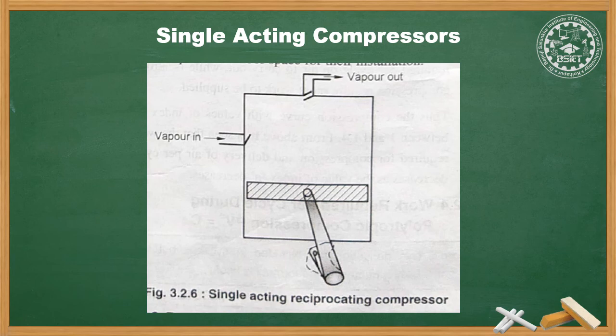There is only one delivery of high pressure air for every revolution of the crankshaft. It also requires less floor space for installation. A single acting air compressor basically has only one inlet and one outlet.